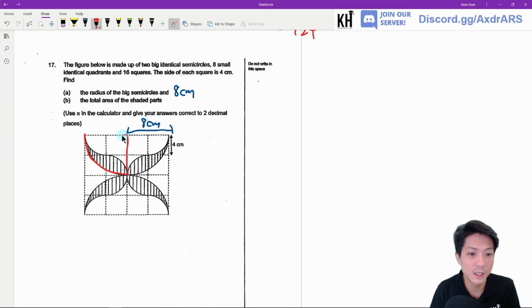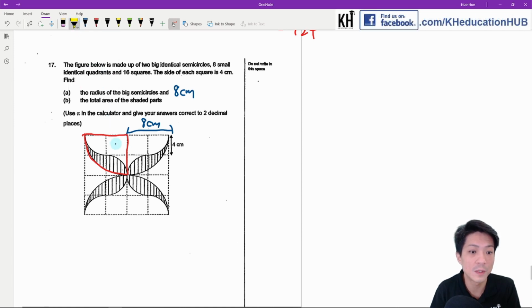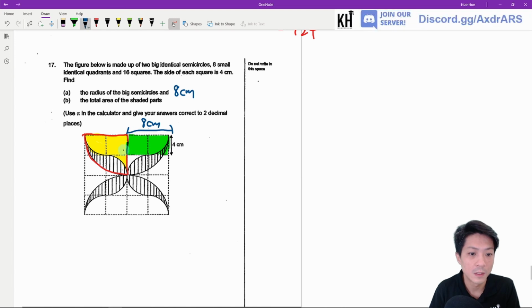To find the area of that part, we first need to understand that the unshaded part over here is basically equal to the area of 2 squares, because this part over here fits into this part over here.